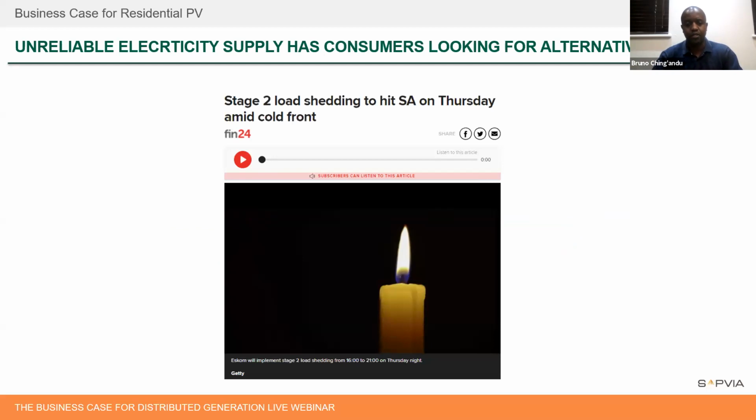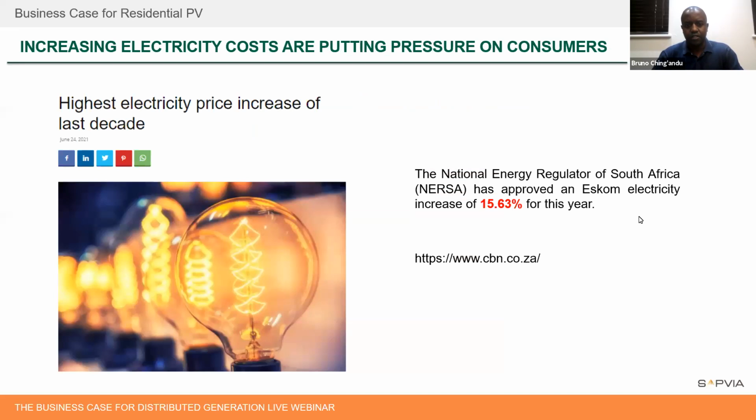People have been starting to look at a lot more alternatives, thinking about things like generators. Some people are taking up a couple of inverters at home, just to give them a little bit of power during the day. However, the next reason, on the next page, is that electricity costs are pretty much skyrocketing. And this year we got a 15% increase.